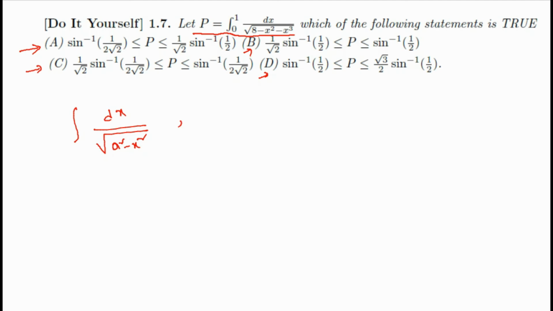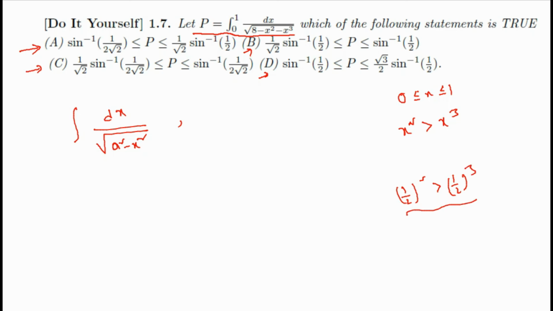Let's see. Here the range of x is 0 to 1, and for 0 < x < 1, x square is greater than x cube. As we already know, for example, if you take half, then half square is greater than half cube.